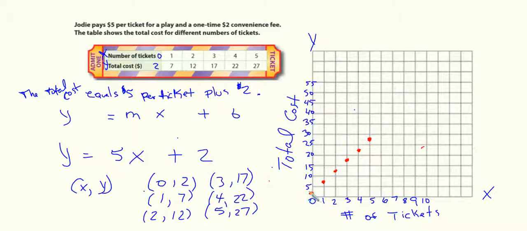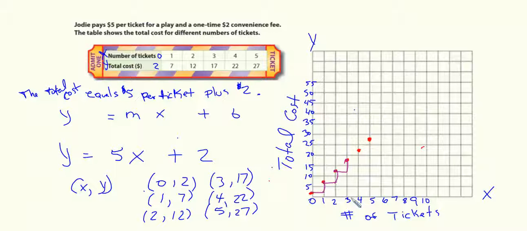Okay, so as my x values increase by 1, I see that my y values increase by 5. So each time I go over to the right 1, I have to also go up 5. So each time I buy one ticket, I have to add $5.